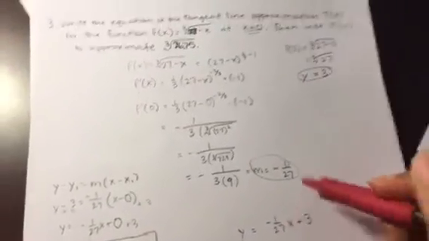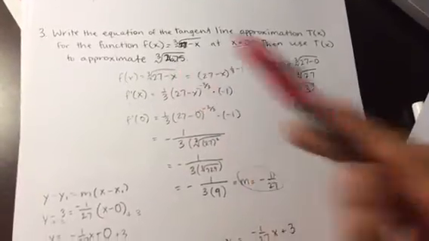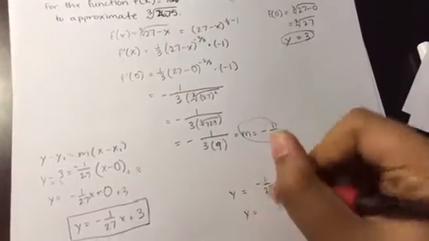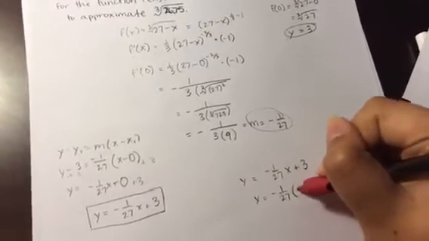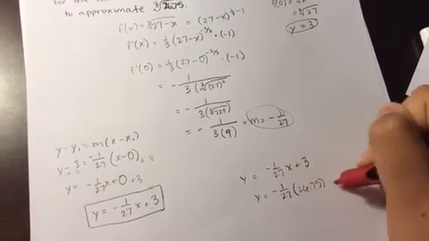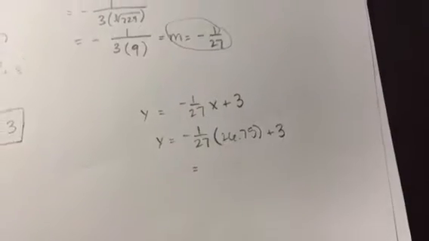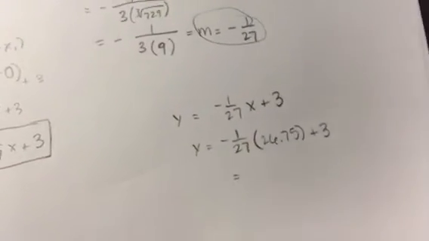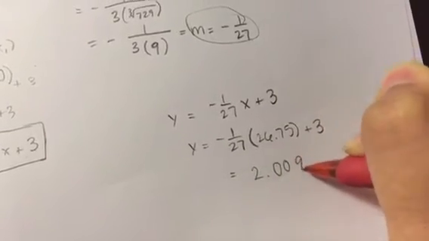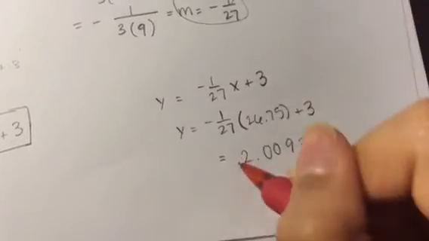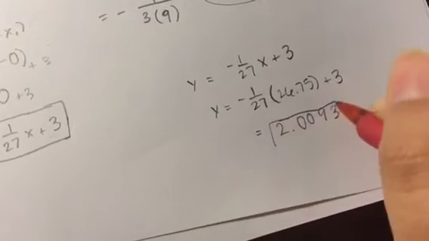And for x, we're going to plug in this value here. So y equals negative 1 over 27 times 26.75 plus 3, which gives you 2.0093.